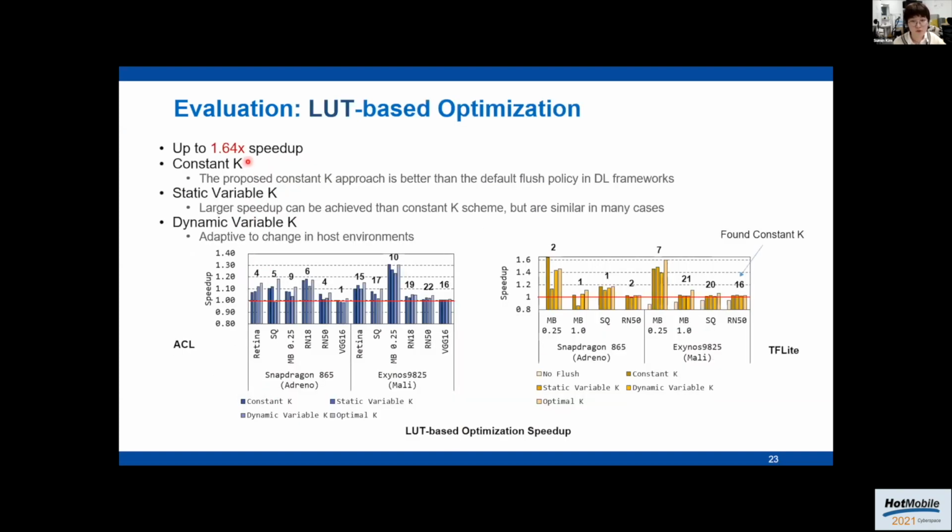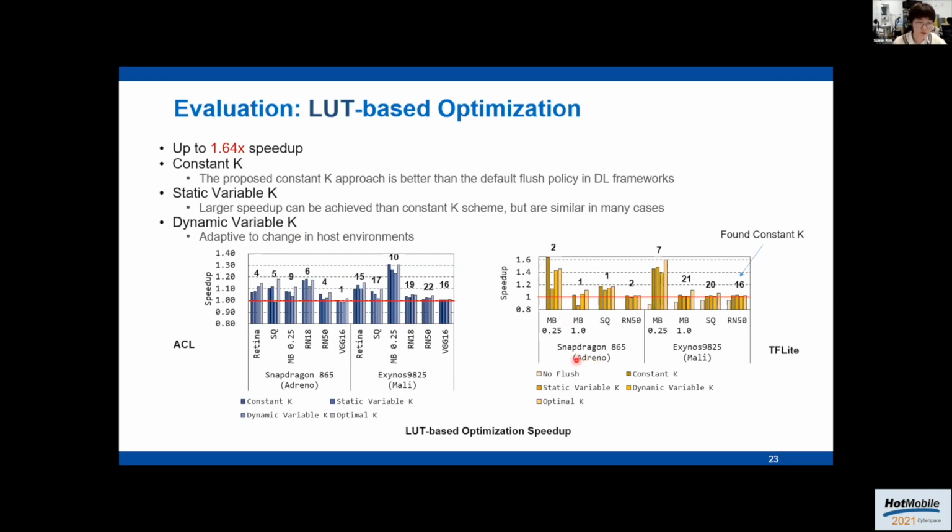This slide shows the speedup of three lookup table-based approaches. The baseline is the default scheme in each deep learning framework. In ACL, the default scheme is to call shell flush after the last kernel of each shell combo layer, and in TF-Lite, it calls shell flush at every 24 kernels for Mali and no flush for Adreno.